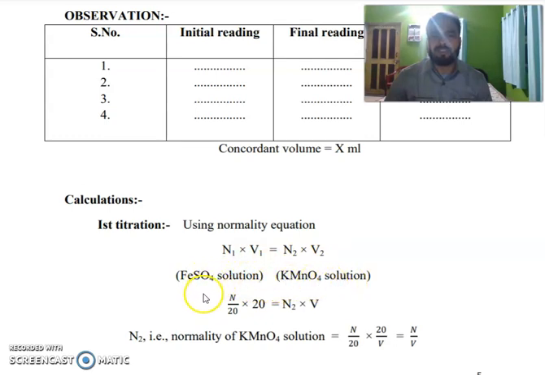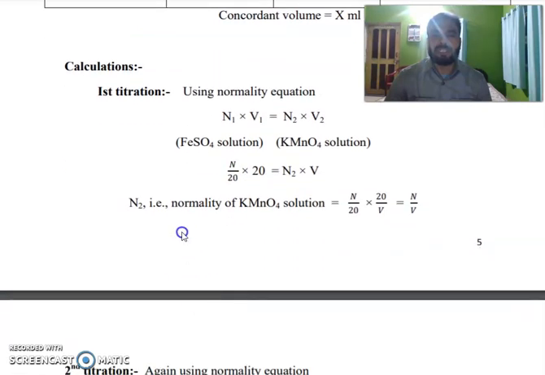You know the ferrous sulfate solution is N by 20. Each time you have taken 20 ml. Now for KMnO4 solution, you have taken the volume. So take the average volume and you have to calculate N2. So N2, that is the normality of KMnO4 solution, is N by V.